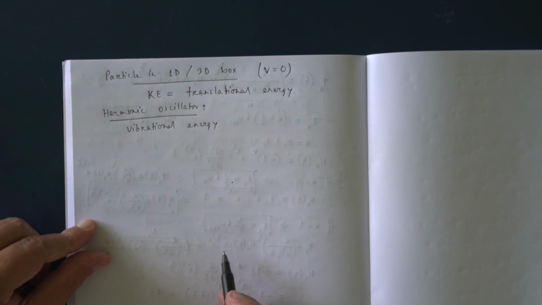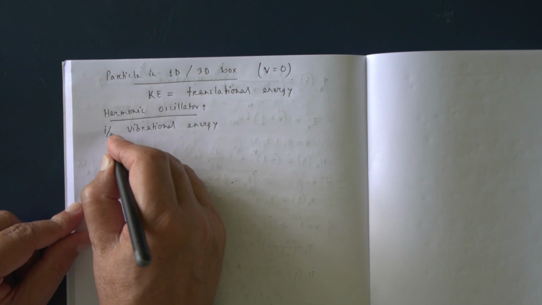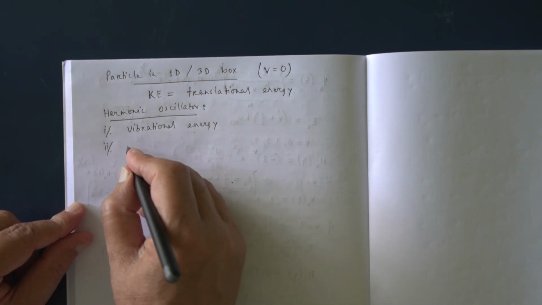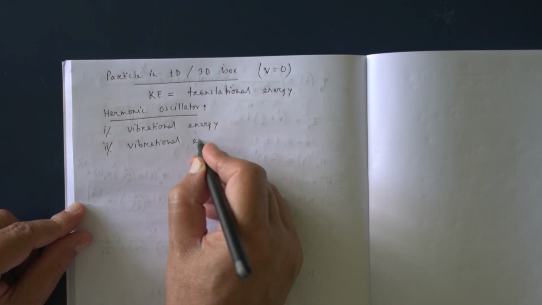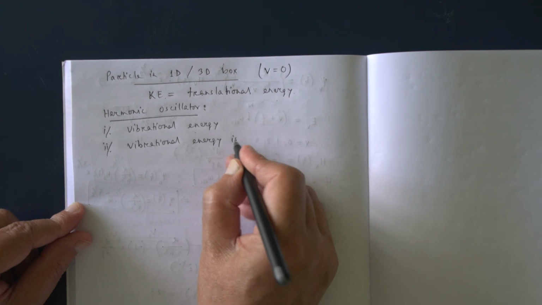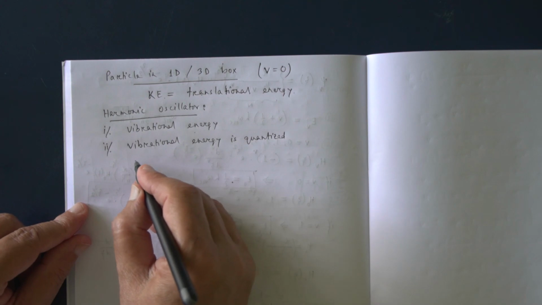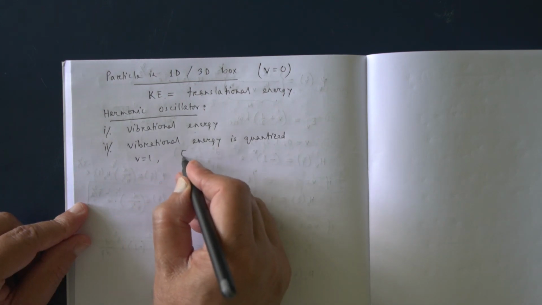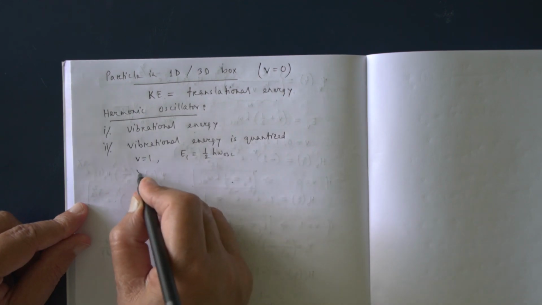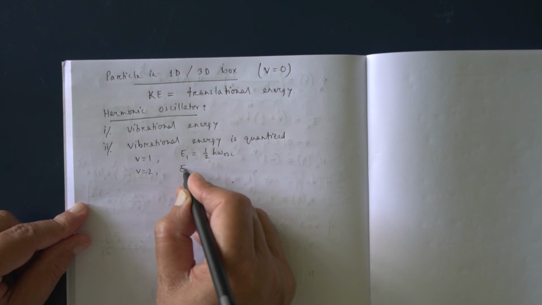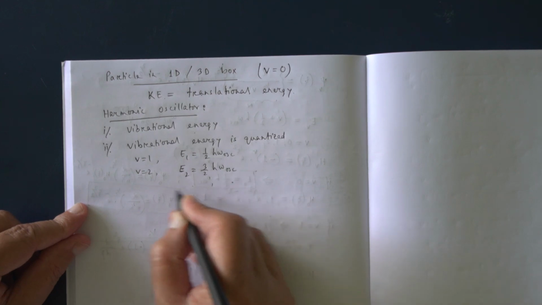That is one thing. Second thing is vibrational energy is quantized, because we have seen that for v equal to 0, the vibrational energy is half h omega oscillation, for v equal to 1, it is 3/2 h omega oscillation, and so on.